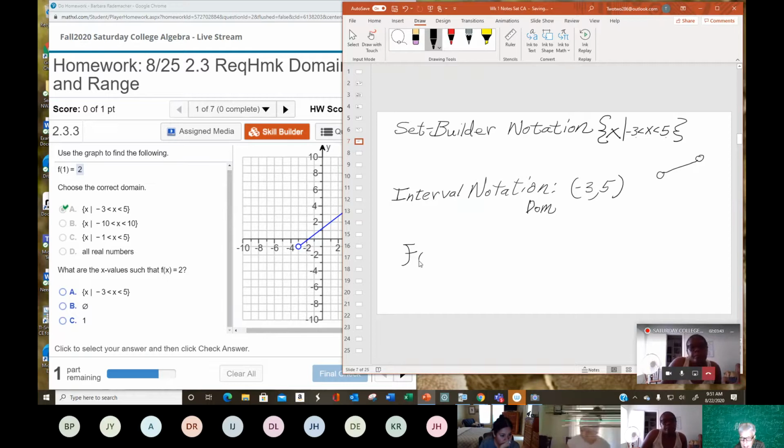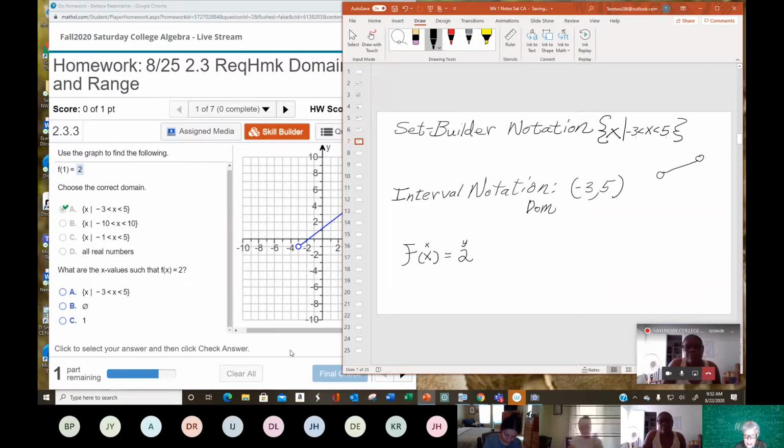F of X equals 2. Remember, this is always the X, and you can tell it's an X because it says X. This is always a Y. So what they're asking here is, what X's pair up with Y equals 2?